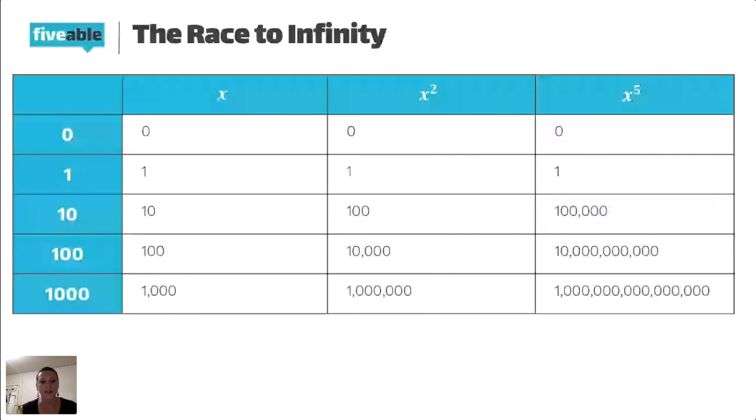It's really becoming significant at this point. We started out tied, and then x to the fifth was a little bit ahead, but not that much. But now when we input 1,000, that difference is big. And as that input value gets larger and larger, that difference is going to become even more significant. So keep that in mind as we continue this conversation on the next slide.